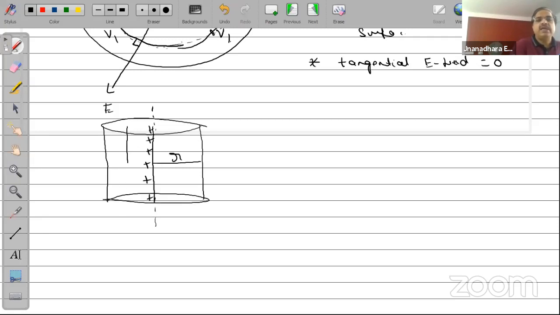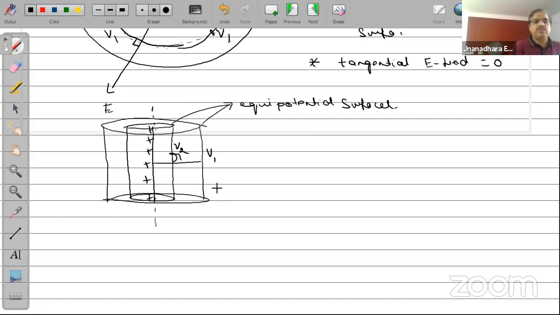So you consider any number of cylinders here, they'll all be equipotential surfaces. Though they will have different voltages. This may be at V1, this may be at V2. But all points on this will be at the same potential.